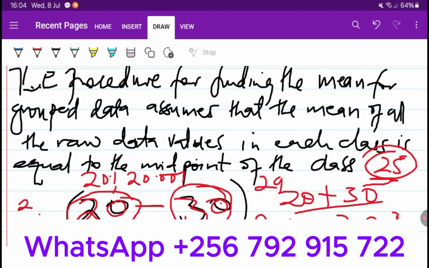If you are looking at the exclusive classes, they are the ones which have continuous intervals, because they leave no gap between the class intervals.